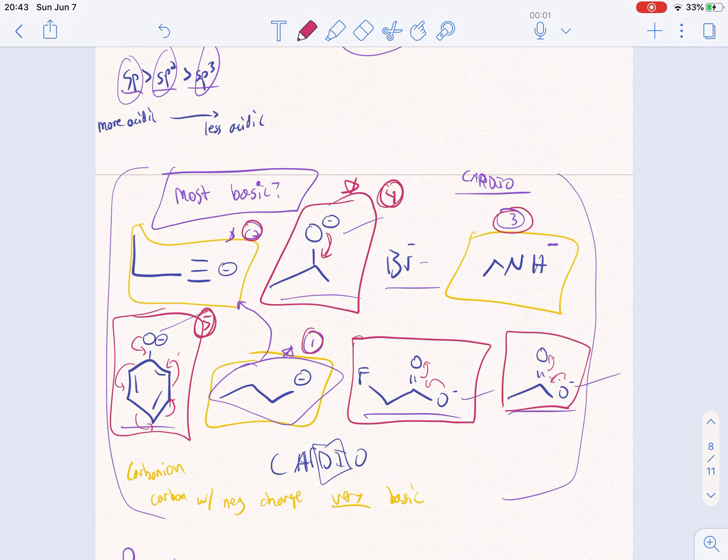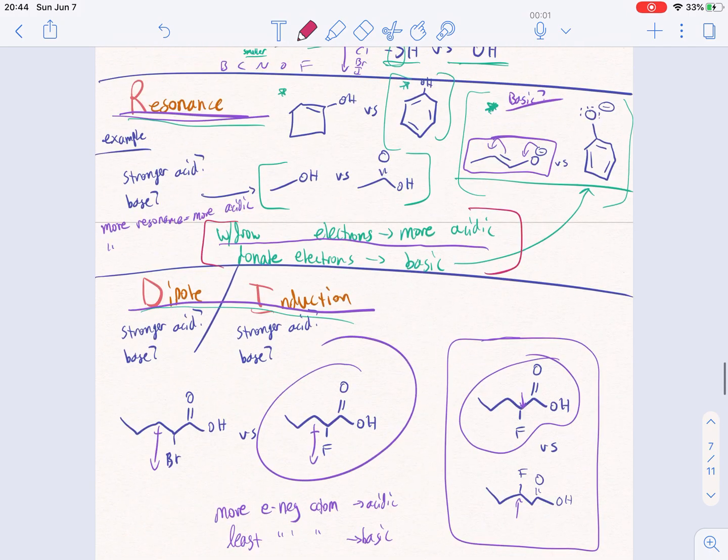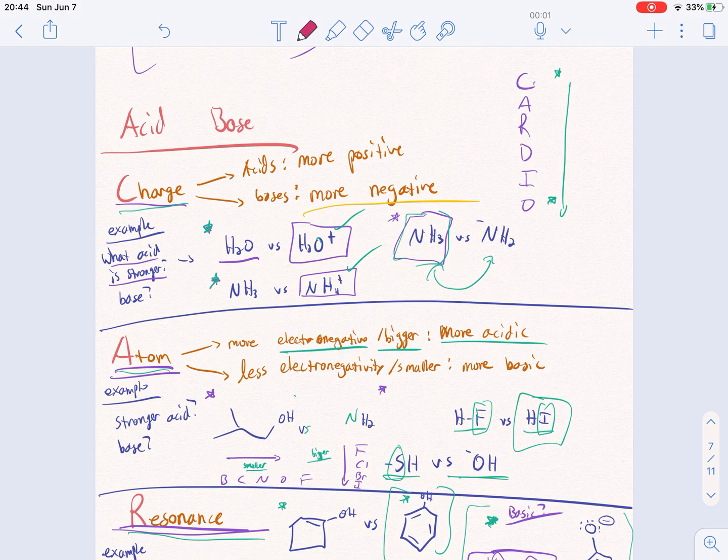Now we need 6 and 7. I'll tell you off rip, 6, 7, 8. Here's why. 6 and 7 both have some good resonance, right? So they're a little bit more acidic. There's also not a lot of other stuff going on. Like, hold on, let me show you.